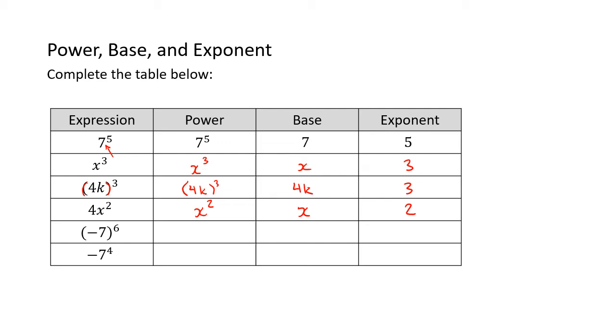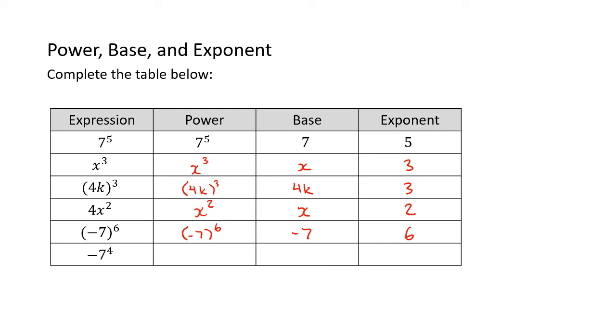The next example, we have -7 in brackets, again an important distinction, to the exponent 6. So the power here is the entire term, negative 7 to the exponent 6, because that's all in brackets. That means the base is negative 7 and the exponent is 6. The last example is the same as the one we just talked about.